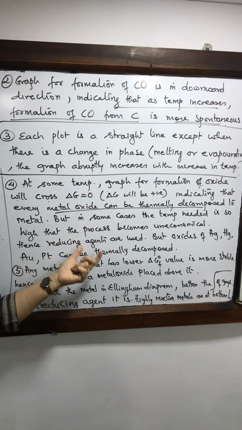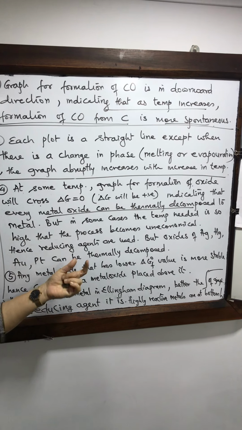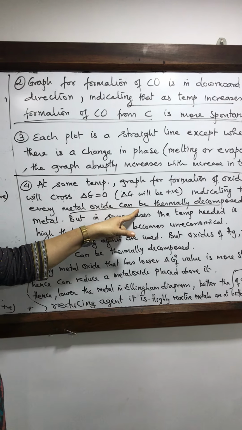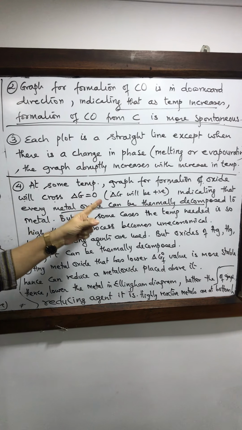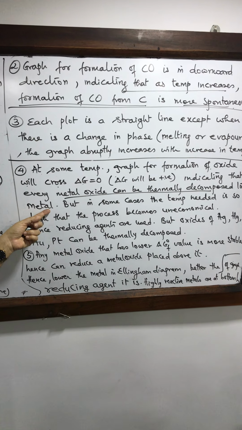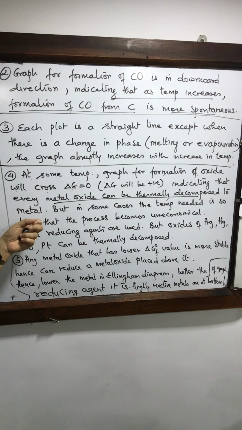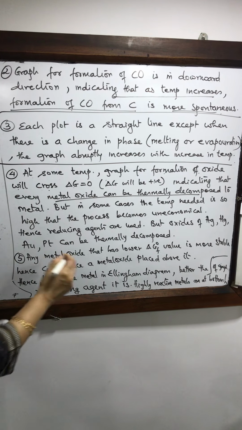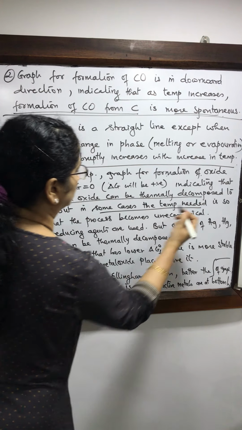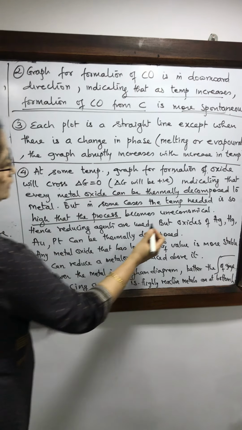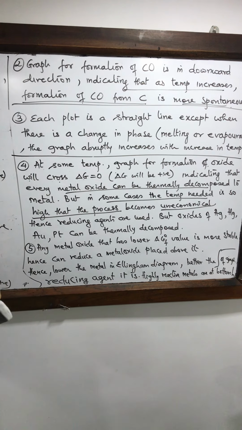And that is what we are doing. Our aim is to extract the metal from the ore. So if at some point of time the metal oxide is going to decompose, then we can extract every metal easily from the ore. But in some cases the temperature needed is so high that the process becomes uneconomical.